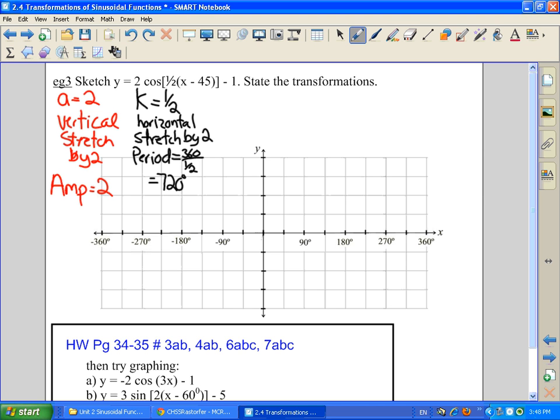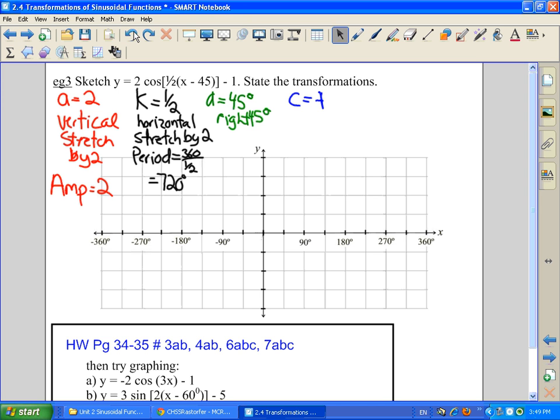That's helpful for when we're drawing this. Okay. D equals 45 degrees. That means we're going to go right 45 degrees as our starting point. And the last one we need to take a look at is C. C equals -1.